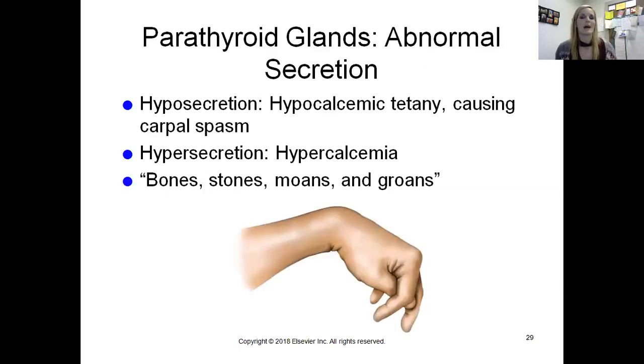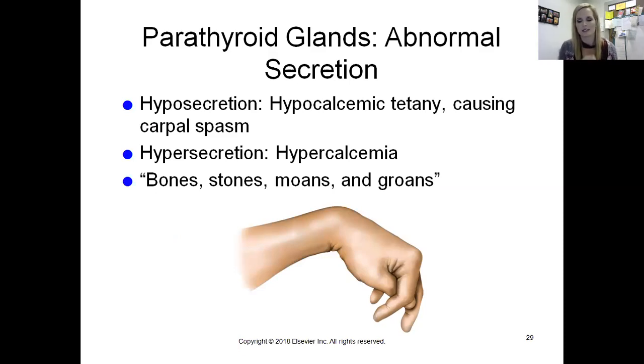Whereas when we see an abnormal secretion of the parathyroid gland, very similar to what we saw with the thyroid, on the hypo end, we see what's called hypocalcemic tetany causing a carpal spasm. So the hypo secretion is actually more serious and a little bit more common than the hyper secretion.